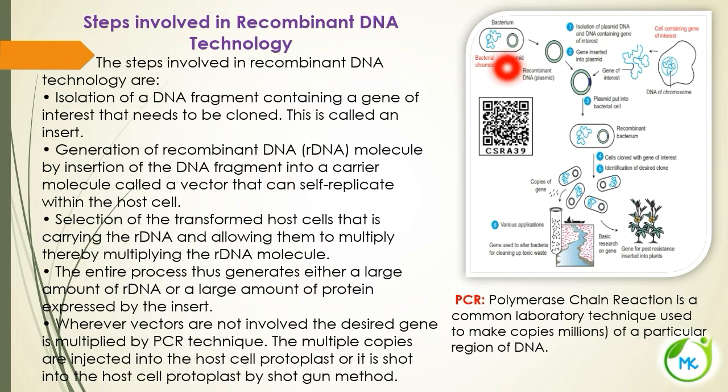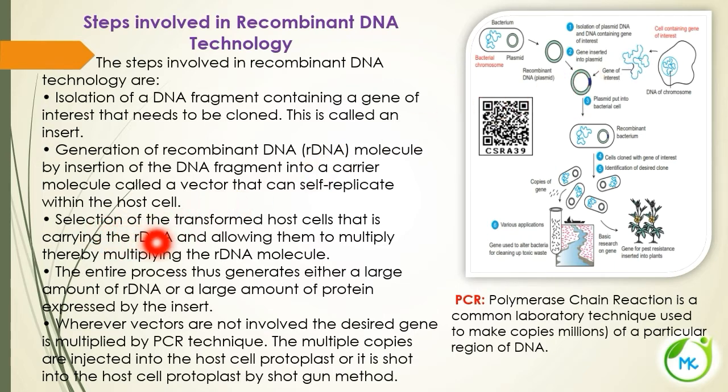So, this plasmid is going to serve as a vector. So, this plasmid alone we are isolating and it is going to serve as a vector. And now we are going to integrate our gene of interest with the plasmid. And now this plasmid is referred to as recombinant DNA because this plasmid is containing our gene of interest.